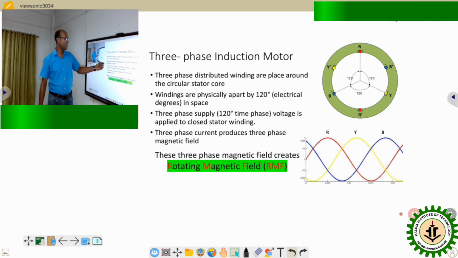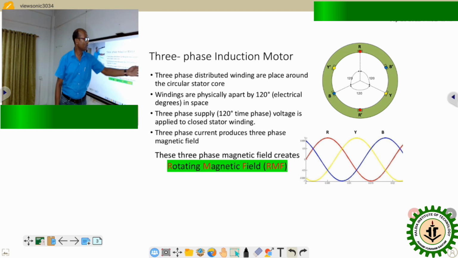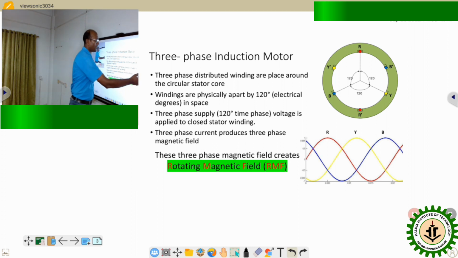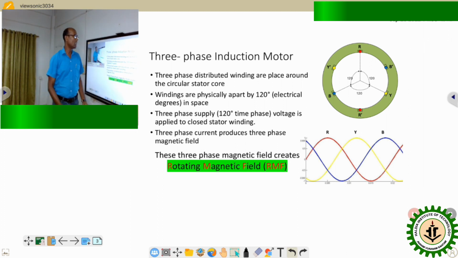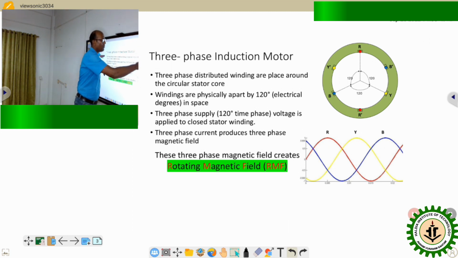Similarly, this distributed three-phase winding picture is for a two-pole system. If you consider these three-phase windings, the R phase has R phase current, the Y phase has Y phase current, and the B phase has B phase current, and these currents are also 120 degrees apart. This stator has a single core, which is circular in nature.